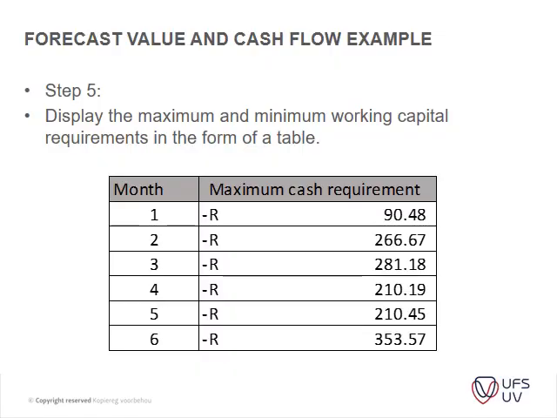Step 5, and this is what you guys will have to be able to do for me, is display the maximum and minimum working capital required in the form of a table. So you have month 1, your cash outflow.